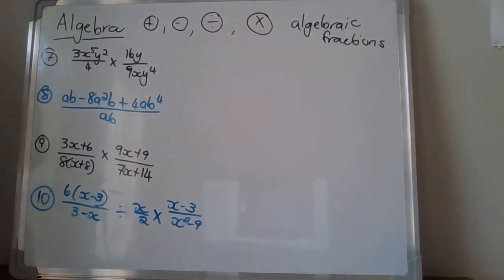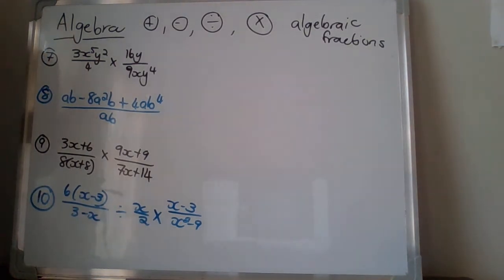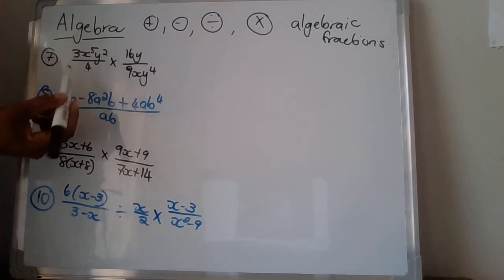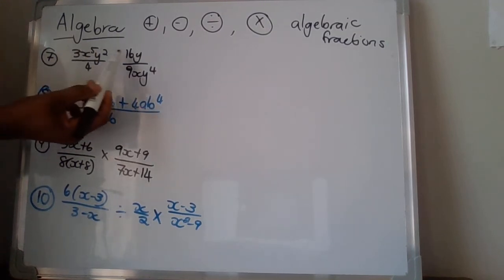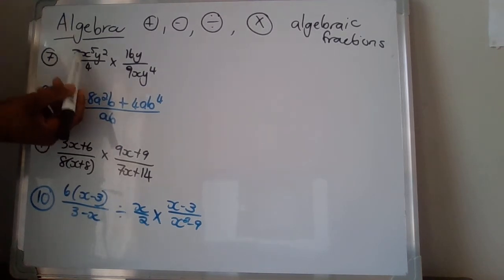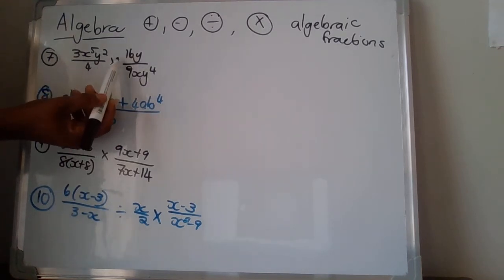The next four examples, they are about multiplication and division of algebraic fractions. Okay, so let's quickly have a look at number 7. So the point here with multiplication is we look to see how we can simplify by dividing like terms.